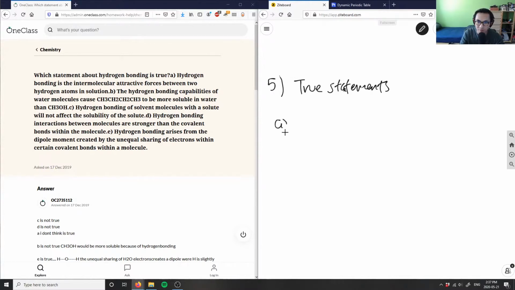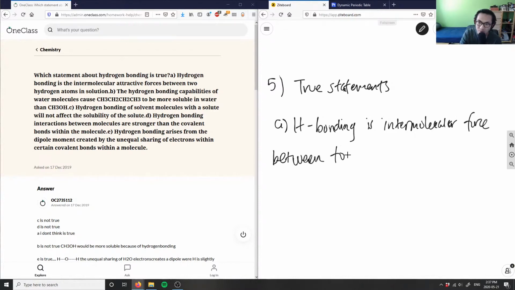So A here says hydrogen bonding is the intermolecular attractive force between two hydrogen atoms in solution. I'm going to say H bonding instead of hydrogen bonding.